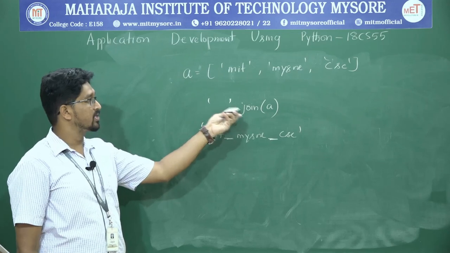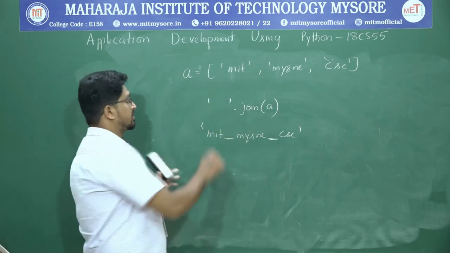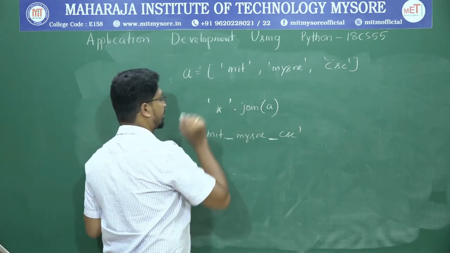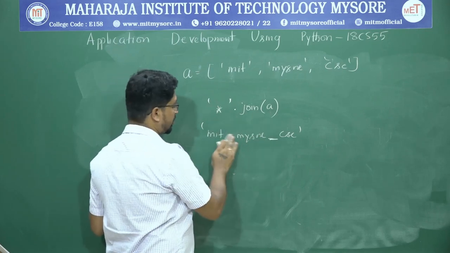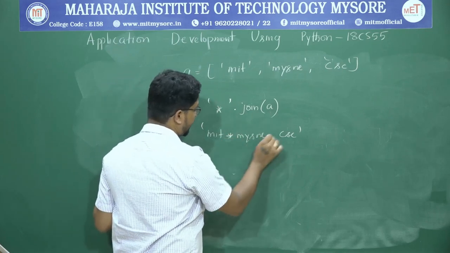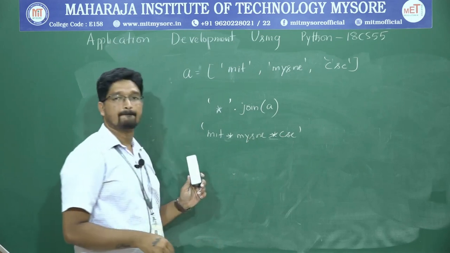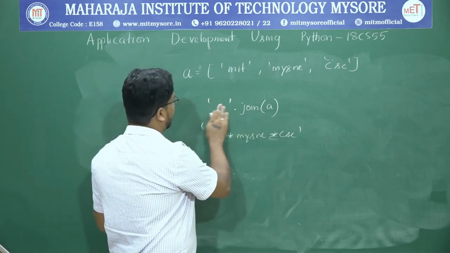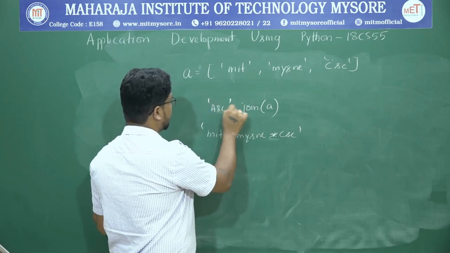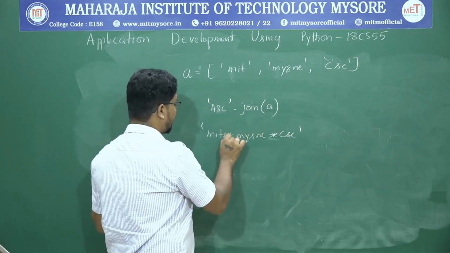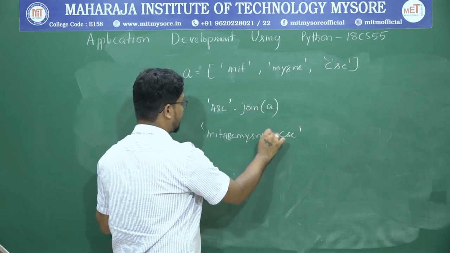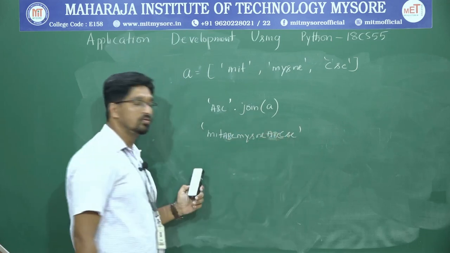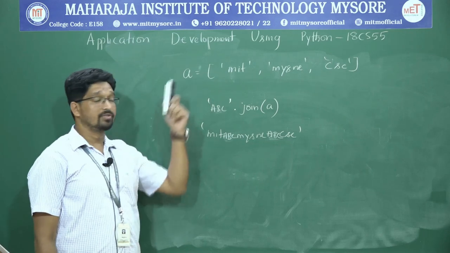Let us say you want to put a star, star dot join, then you will get a star in between: MIT star Mysore star CSE. If you say ABC dot join, then you will get ABC in the middle. So this is how you join a list of strings.